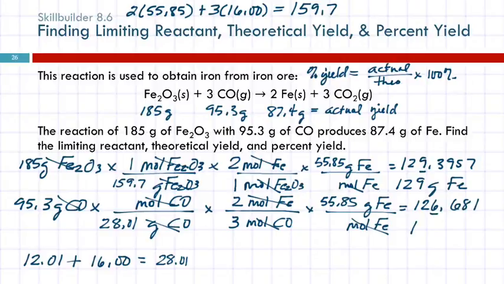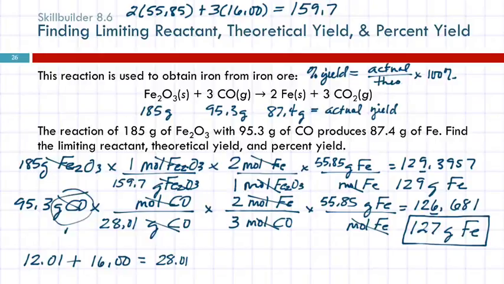That would round to 127 grams of iron. So what's my theoretical yield? 127 grams of iron. What's the limiting reactant? Carbon monoxide. Whoops. Limiting reactant.